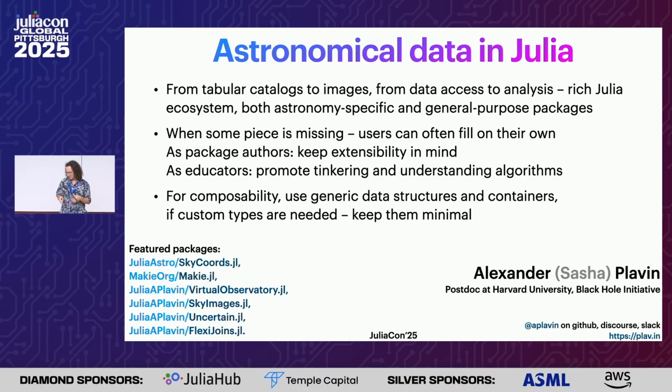There are some pieces missing here and there, but I find that it's easier to fill them on my own in Julia than if I was missing something in Python and wanted to implement it and make it fast. That's why I really encourage package authors to keep extensibility in mind, as potential educators, people working with students, to promote tinkering and understanding algorithms, how they work, not just the user-facing interface.